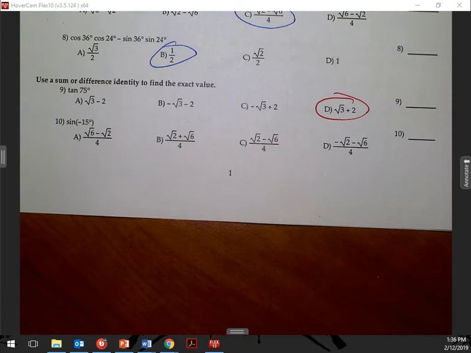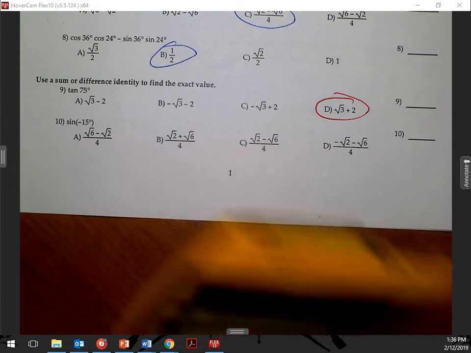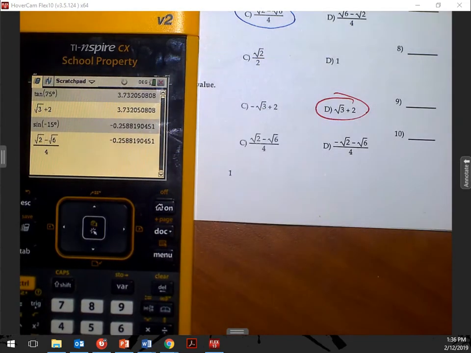It's C. And so my biggest issue with all these problems is what?